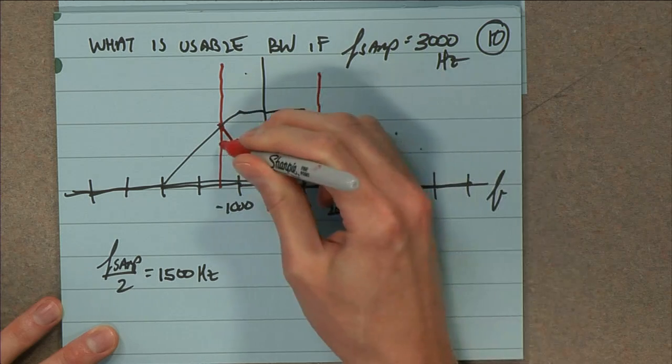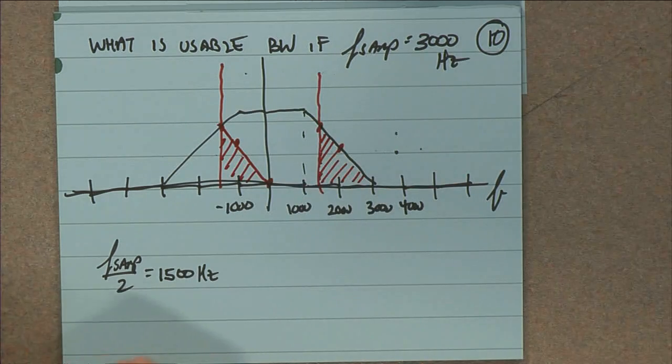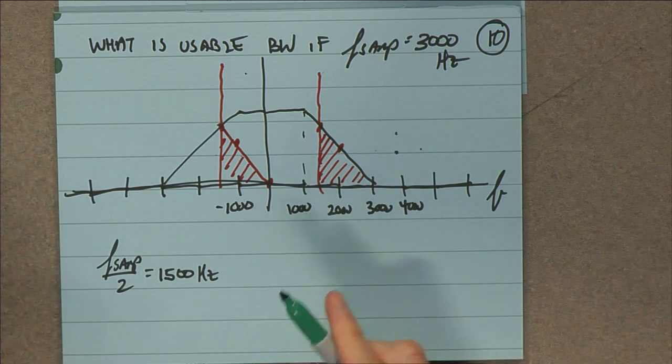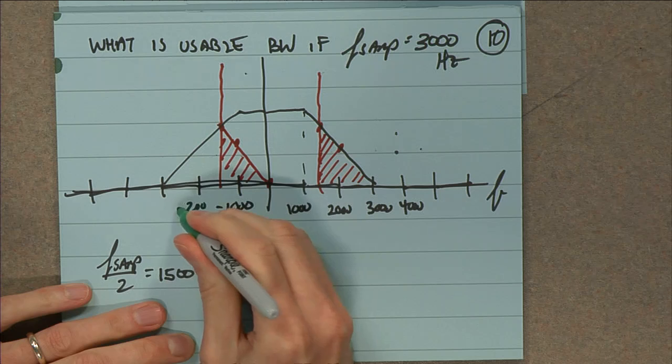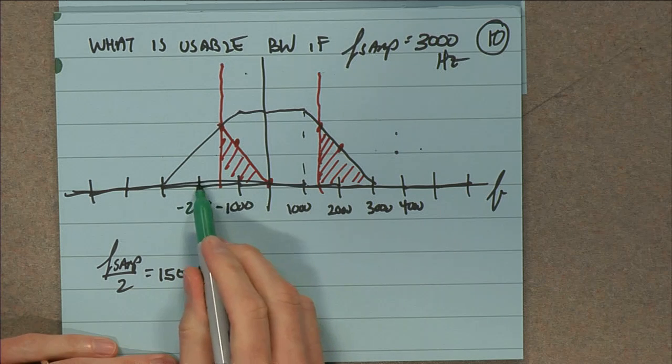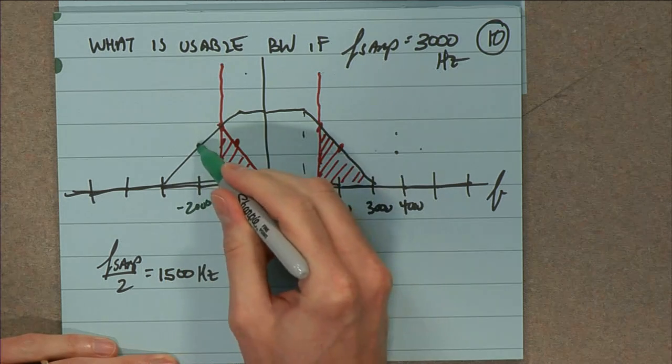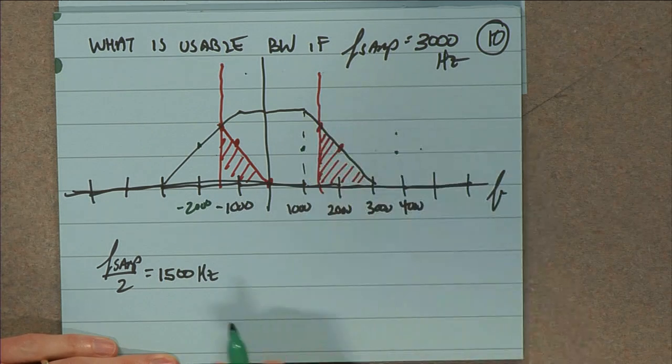So all this aliased to that location. Similarly, we can go look at minus 2,000 hertz over here. Add 3,000, what do we get? That'll be 1,000, right? So this aliases to there.